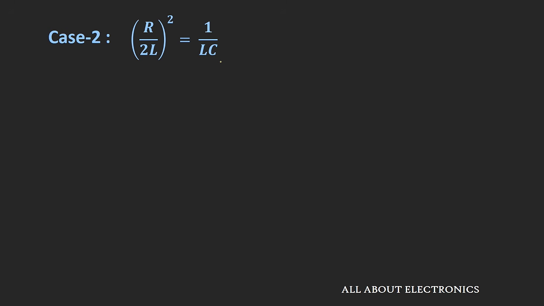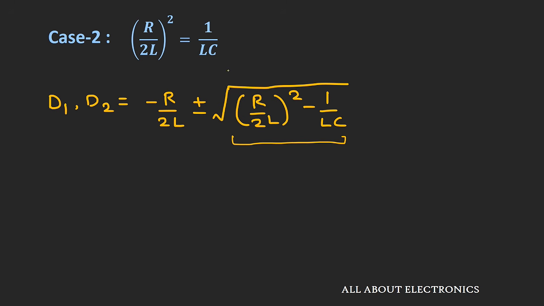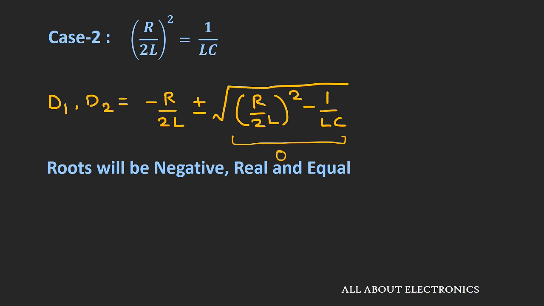Now let us take the second case in which (R by 2L) whole square is equal to 1 over LC. In this case the whole term will be 0, and we will have two real and equal roots. That means D1 is equal to D2 is equal to minus alpha.